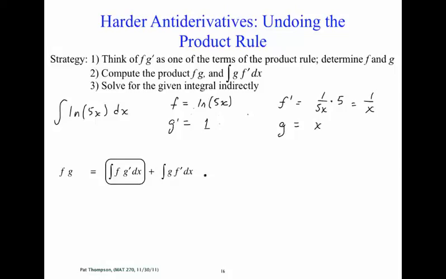Okay, so here we go. So g times f prime. What's g times f prime? x, that's certainly easy. And then what's f times g? x ln of 5x.